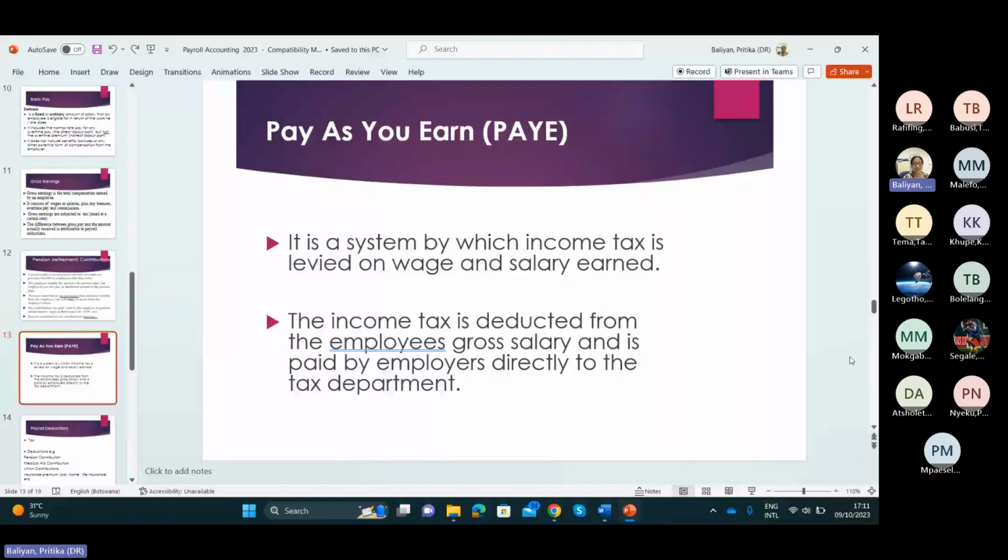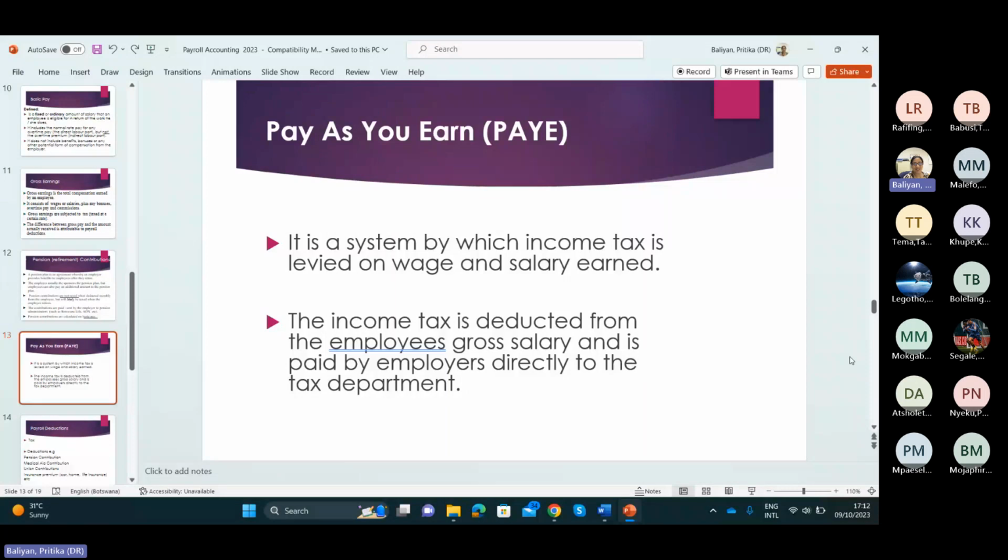The tax is based on the progressive tax system, but the tax is always charged on employees' gross earning, not only gross salary, but gross earning, which includes the basic salary plus other monetary benefits received by the employee from their employer, for the purpose of charging the tax by the tax department.